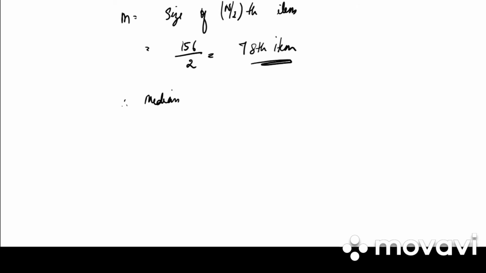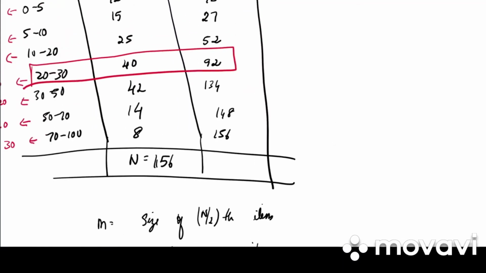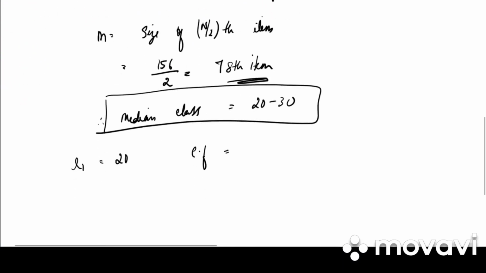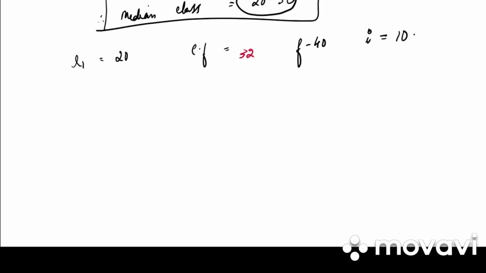Therefore, median class is equal to 20 to 30. So what is L1? 20. What is cumulative frequency? It will be 52. Frequency is 40. And what is I? 20 to 30. What is the width? 10. So we would be taking the width only of the median class and remaining things would be ignored.